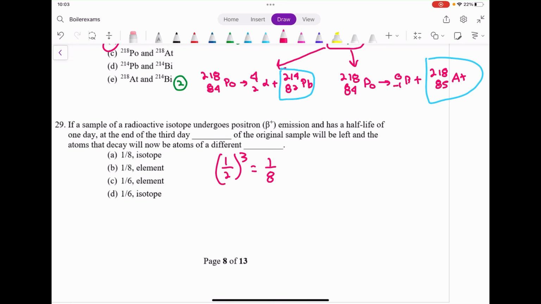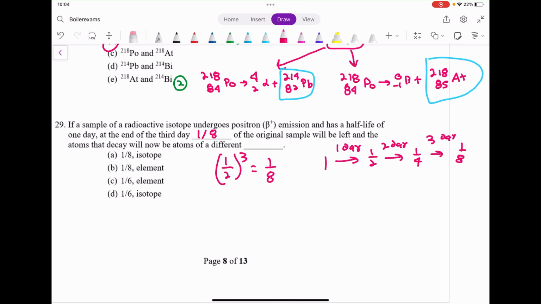So initially, say we have 1 unit of sample. After 1 day, we'll be down to half a unit. After the 2nd day, you'll be down to 1/4. And after the third day, you'd be down to 1/8. You're halving it every day for 3 days. That'll get you down to 1/8.